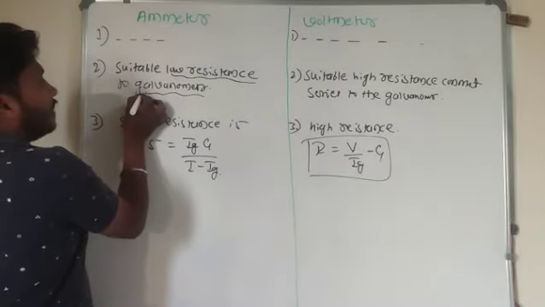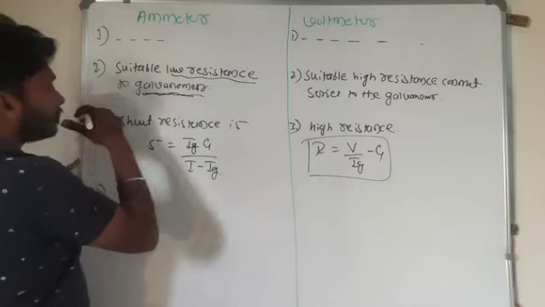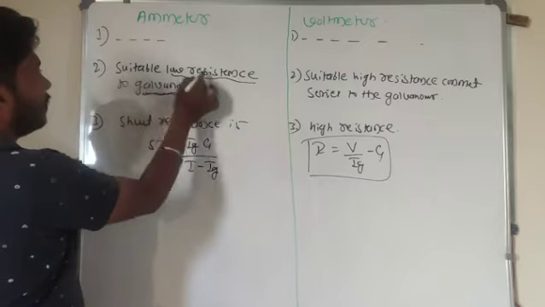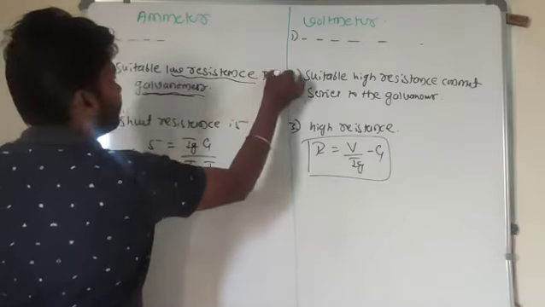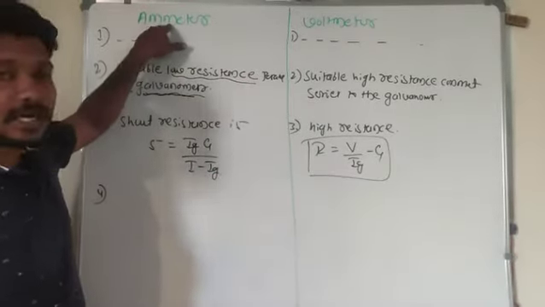By converting galvanometer into ammeter, you have to connect low resistance in parallel. Sorry, I forgot to write suitable low resistance in parallel to galvanometer, then that galvanometer behaves as ammeter here.